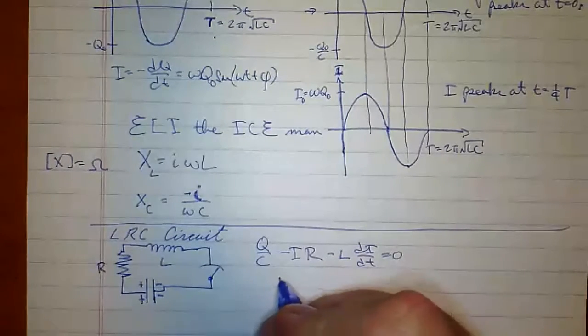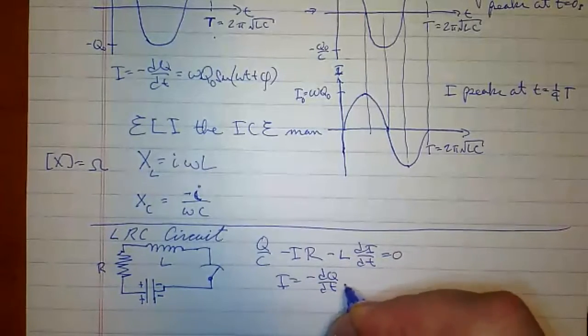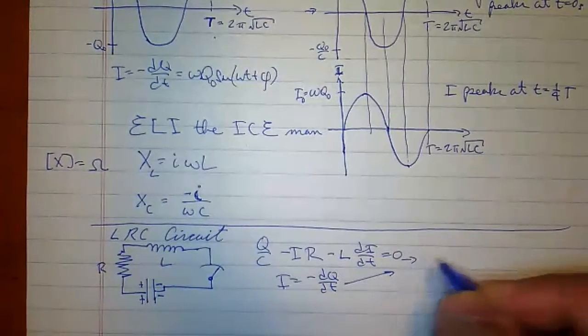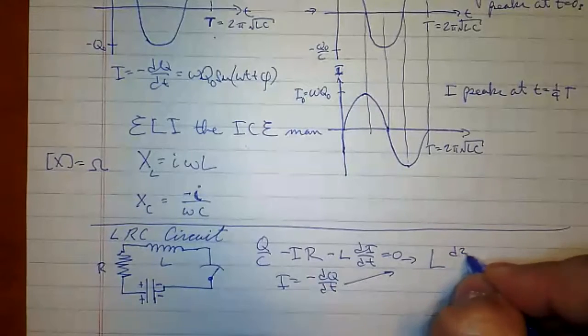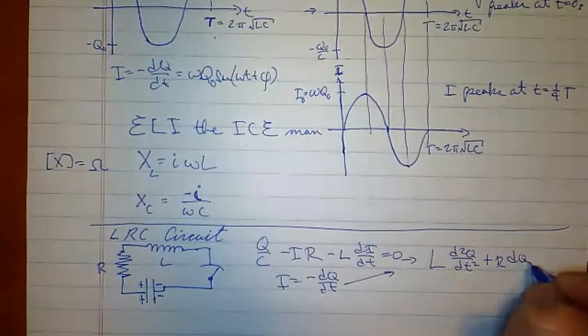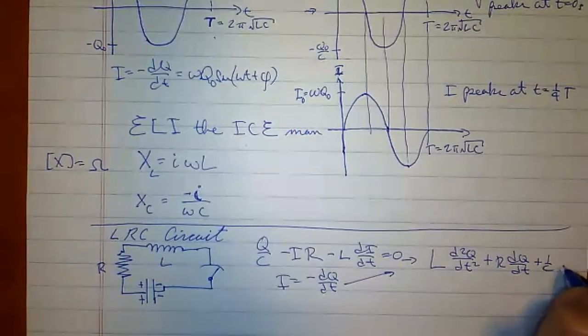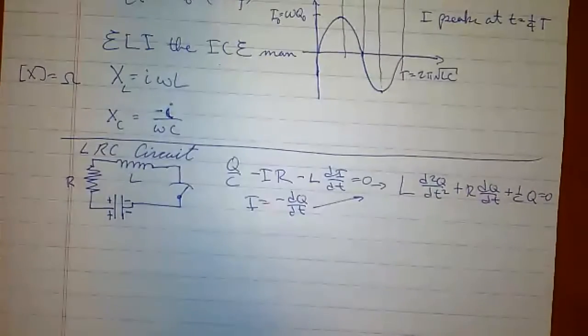But since I, again, is negative dq dt, we can combine these two to get, in fact, L d2q over dt squared plus R dq dt plus 1 over C Q, and that's all equal to 0. So that's our typical harmonic oscillator equation.